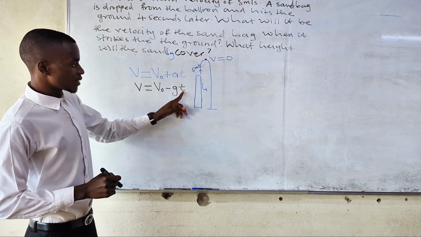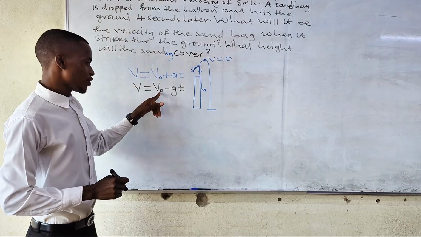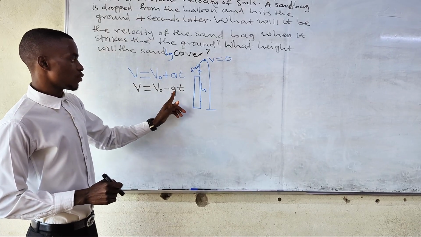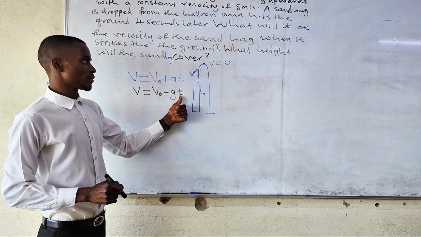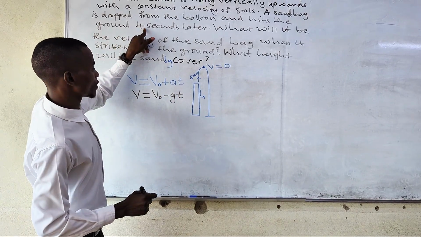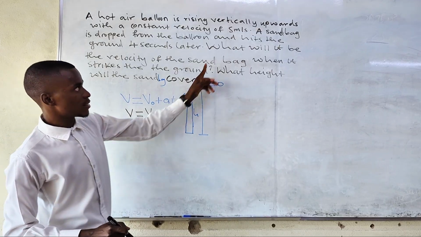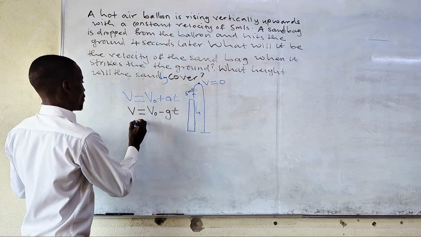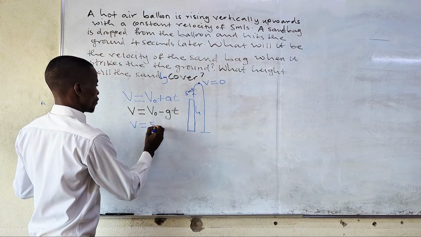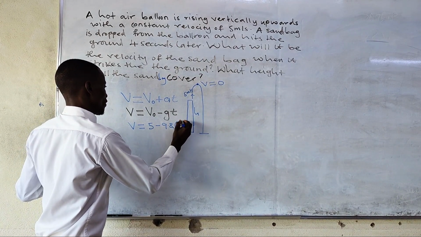We know the initial velocity, we know g, and also the total time. Total time is 4 seconds, g is 9.8, and the initial velocity is 5. Just plug in the numbers: v equals 5 minus 9.8 multiplied by 4.